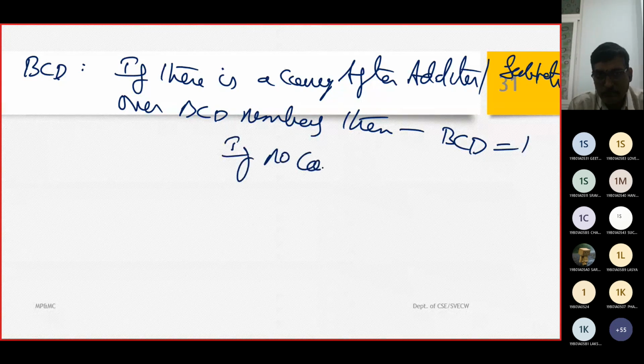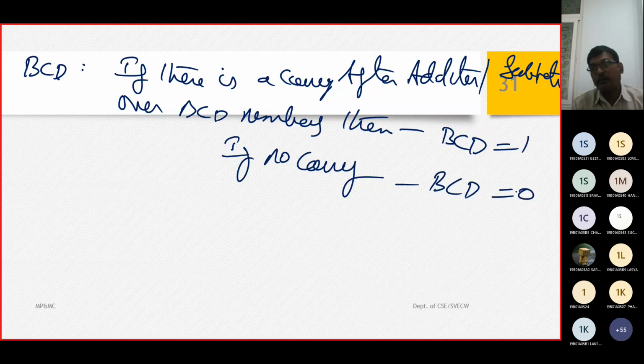If there is no carry, then we are going to say the binary coded decimal value was 0.